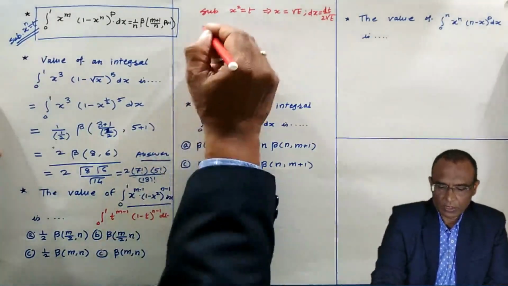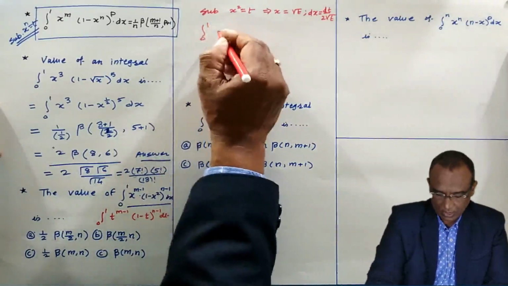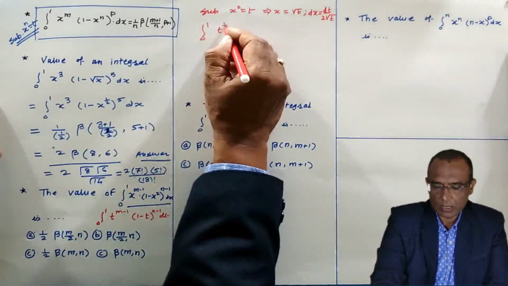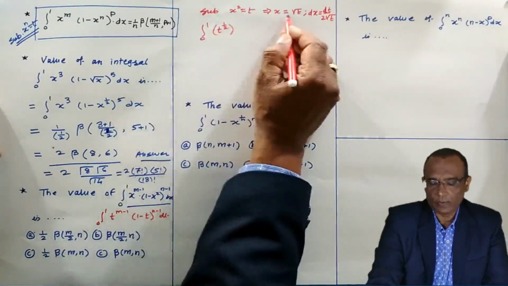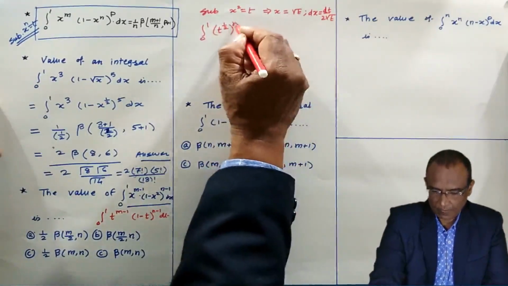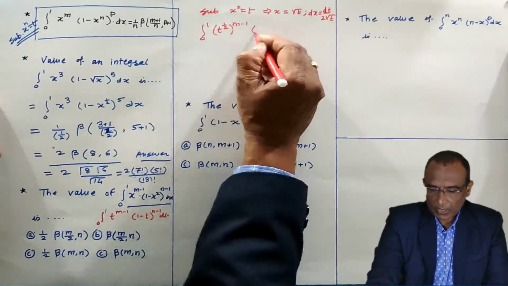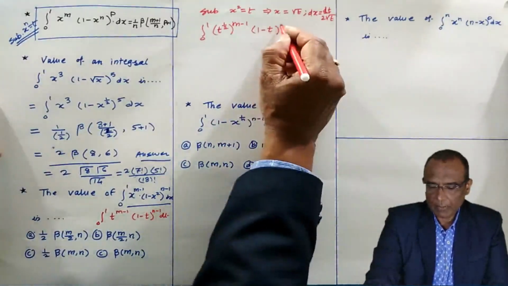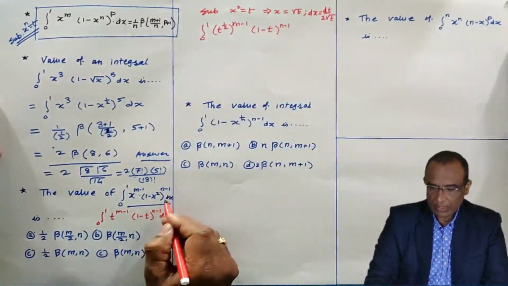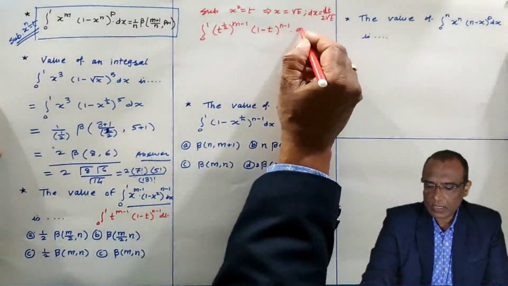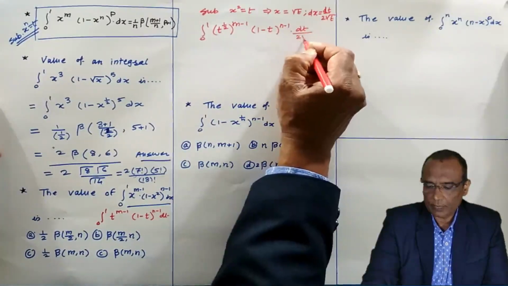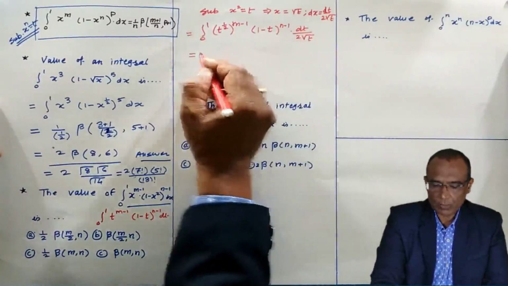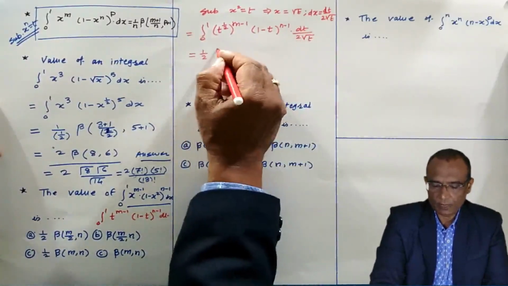Now this integral, 0 to 1, x power m minus 1, where x is root t, gives x power m minus 1; 1 minus x square is 1 minus t, power n minus 1; and dx is dt by 2 root t. Now this 1 by 2 comes outside of the integral.